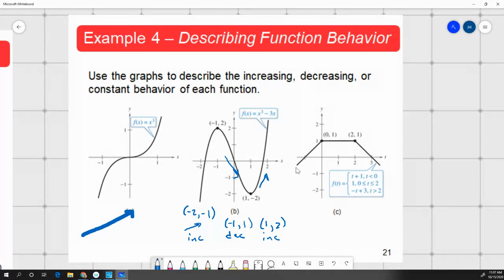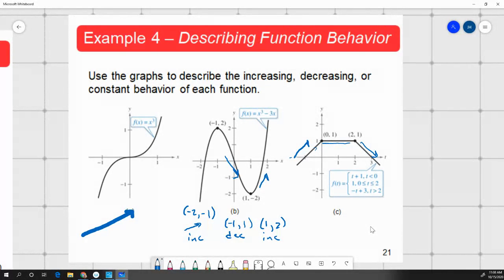We are moving up. From 0 to 2, we've just got a constant. There's no slope at all. And then anytime we put in a t value greater than 2, we are decreasing.